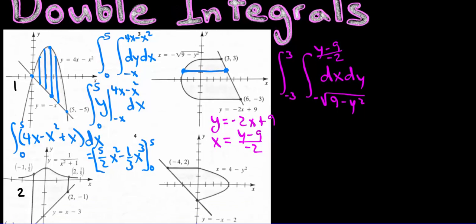Now, you can see this next one down here. It's pretty obvious what you need to do. Okay, so if you set this one up, I've got this double integral, and what I'm going to do is fix the x.